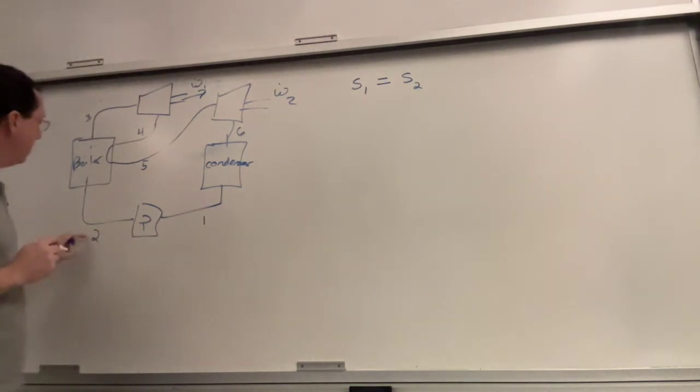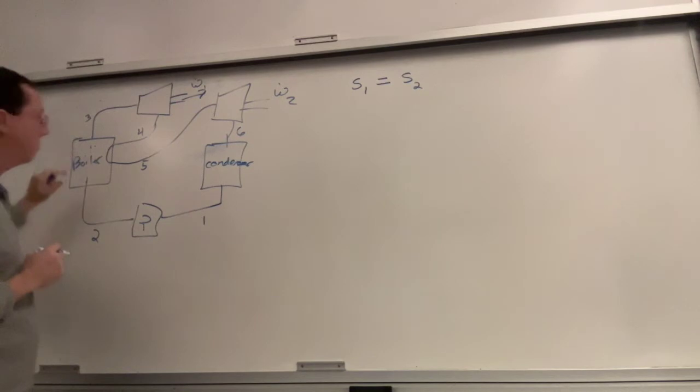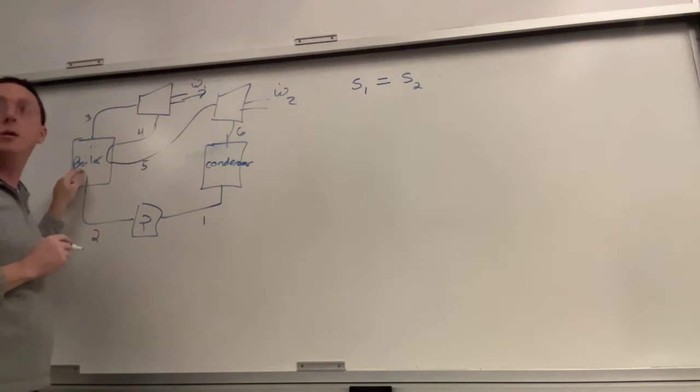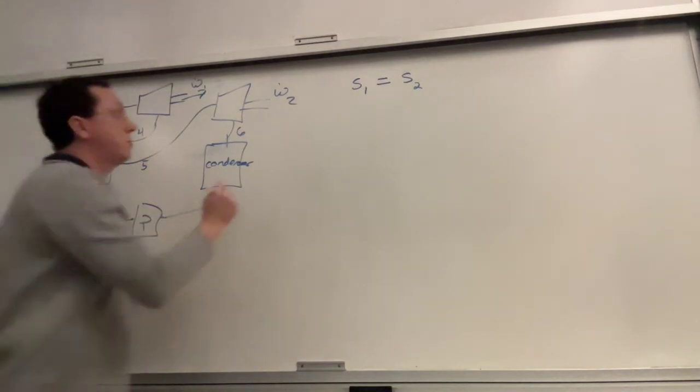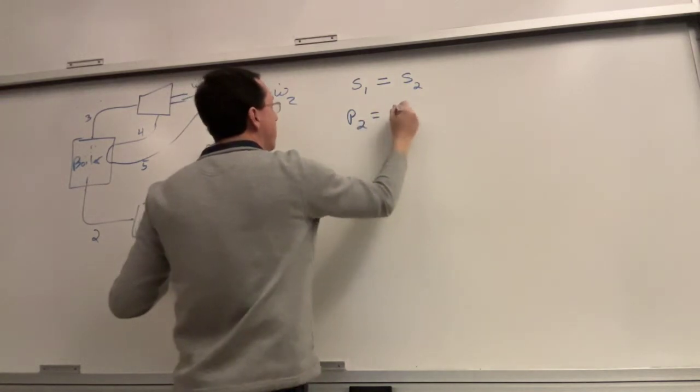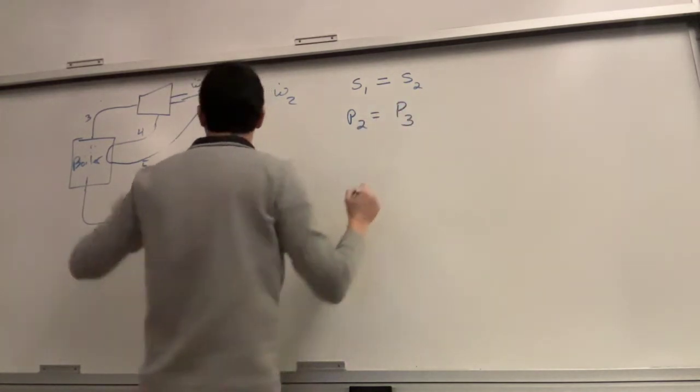What do my ideal assumptions tell me about states 2 and 3? What's the standard assumption across the boiler? Constant pressure. So the pressure at 2 equals the pressure at 3 after the boiler.